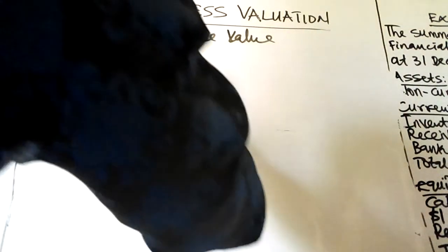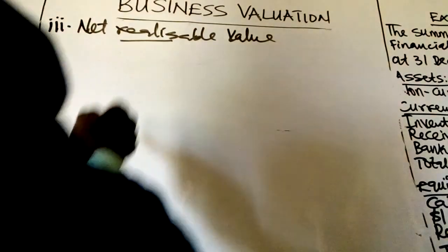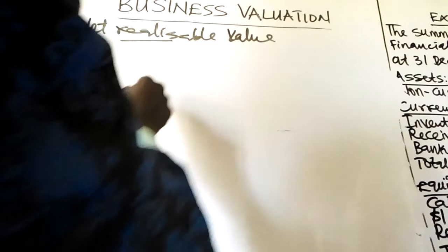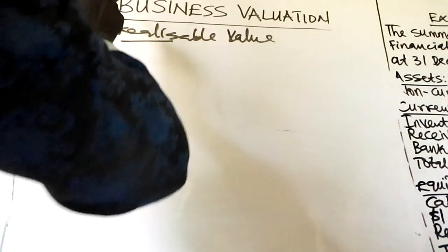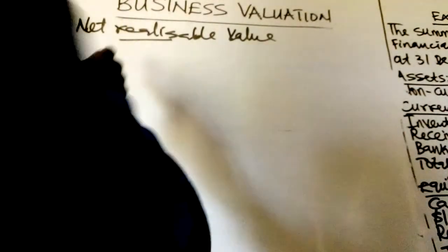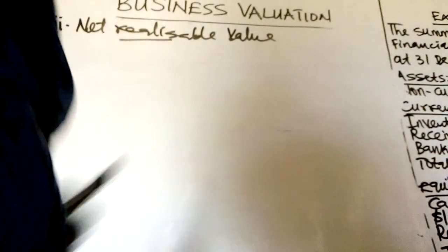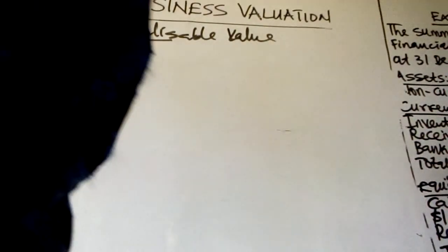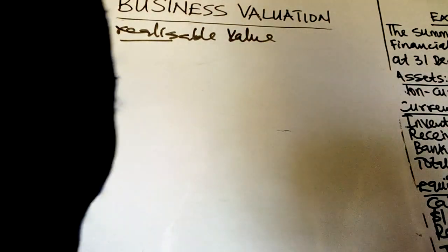You use the market estimate, that is the estimated realizable value. That is the amount you can realize from the asset if these assets are sold, and that is the value to consider. This method is suitable for valuing business that is going on liquidation.